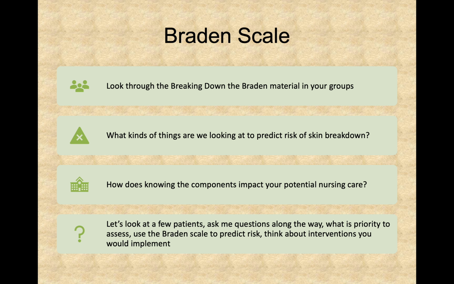We assess our patients using the Braden scale every shift or more frequently. And what we do with that Braden scale is directly related to what we have found on our Braden scale assessment.